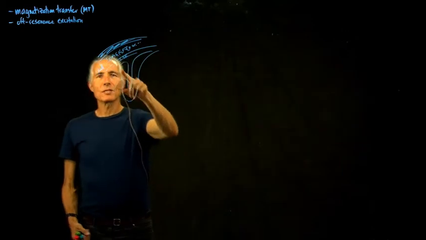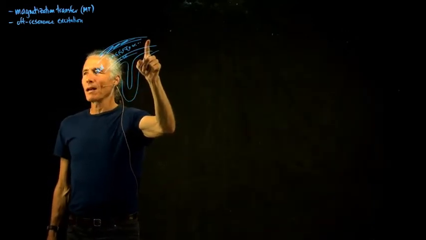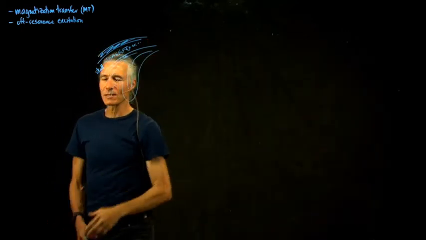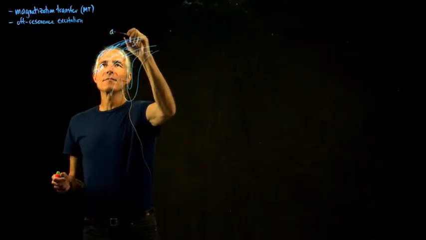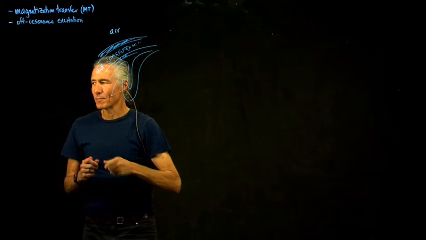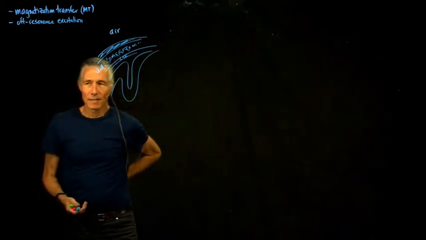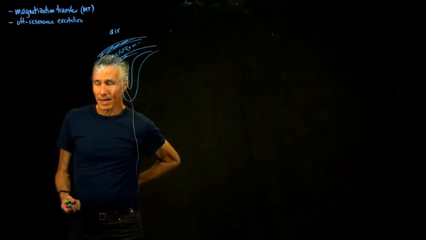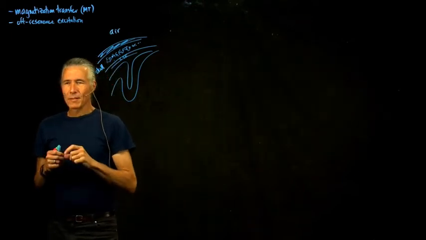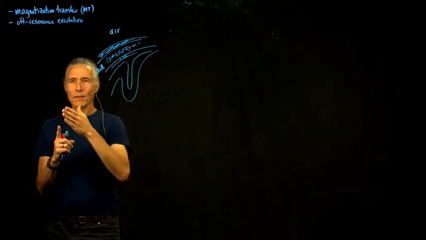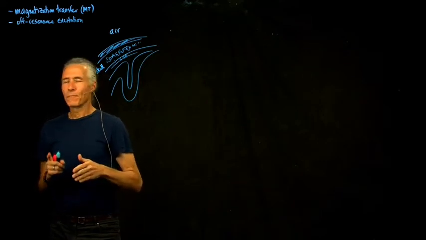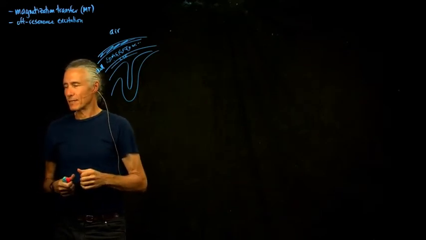When you look at this image, the skull is black, but that's not because it doesn't have a signal. It actually has a signal. So the air is black. If you look at the air out here, the air is black, and the skull is black. But the reason the skull is black is because the T2 is so short that the signal is gone before you get a chance to record it.